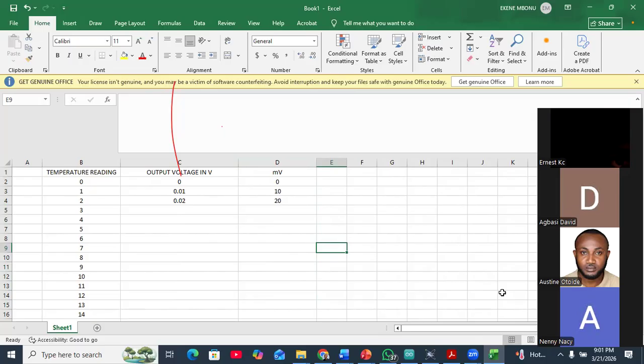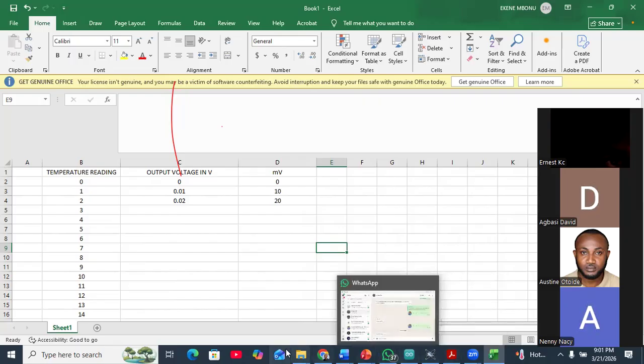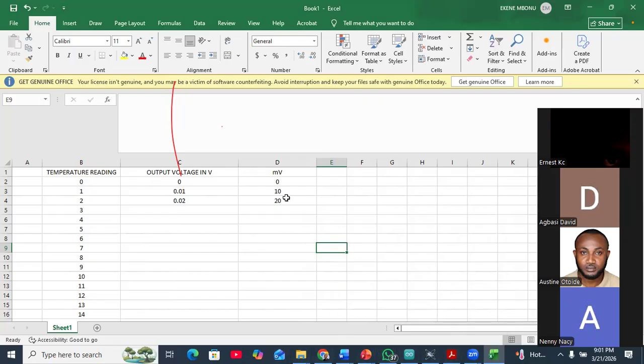It's not really anything difficult. Milli means 10 raised to the power minus 3. Kilo means 10 raised to the power 3. So millivolts means 20 times 10 raised to the power minus 3, which will give you back to this.